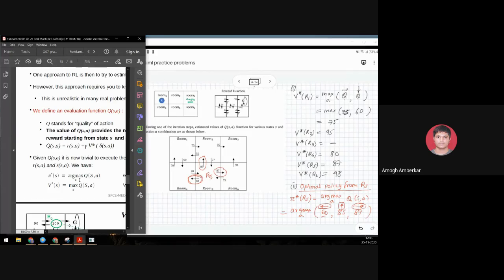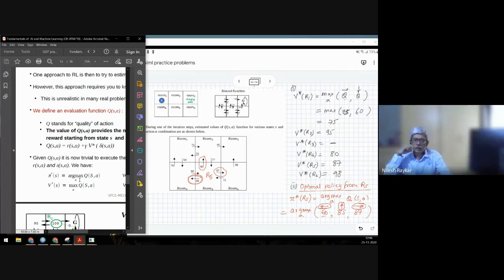Going right. The right arrow has the highest value, 87, so that means move to the right. Remember that the policy is in terms of action and value is in terms of number.